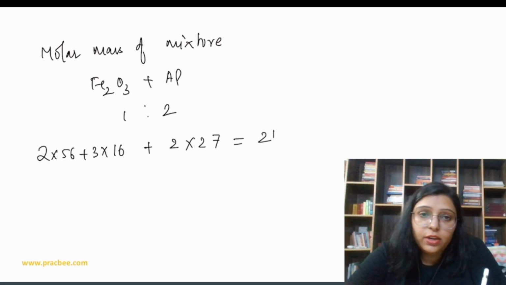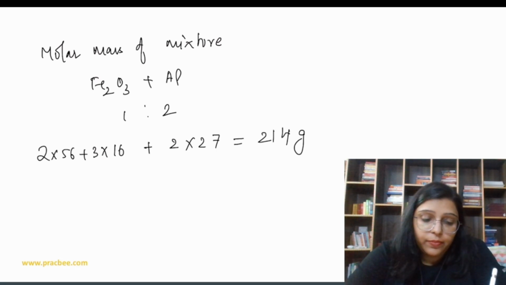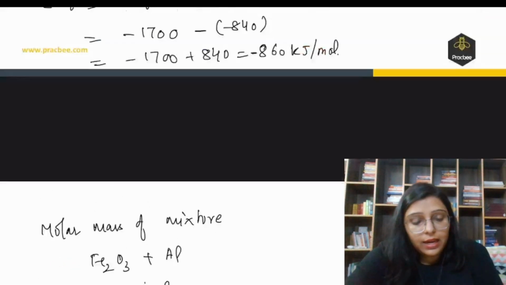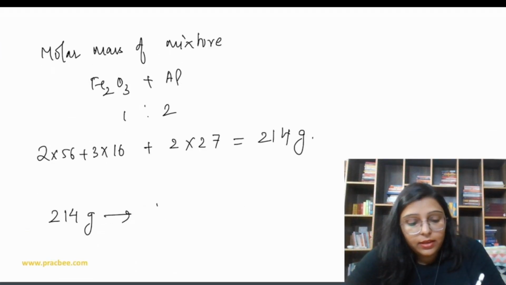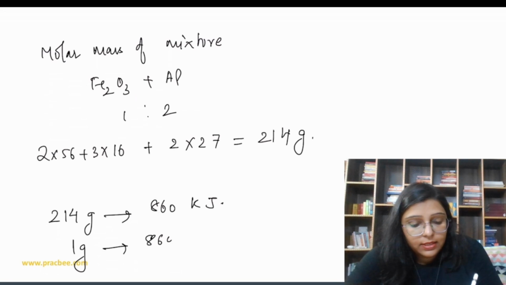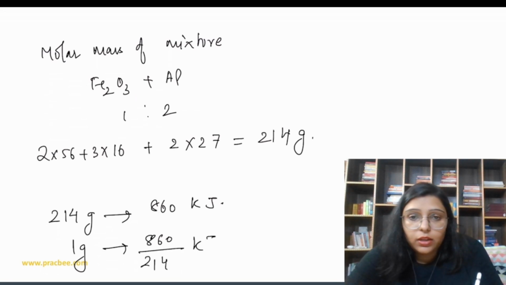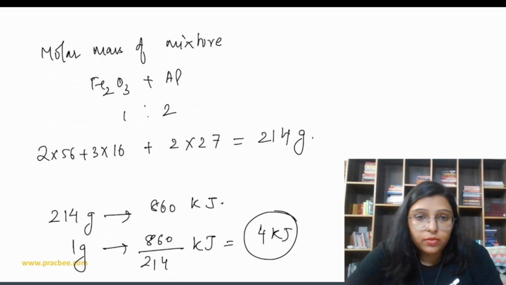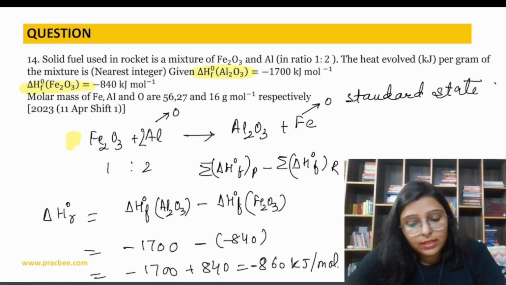On solving we get 214 gram. So 214 gram releases 860 kilojoule. So 1 gram will release 860 upon 214 kilojoule, which is equal to 4 kilojoule. So the answer is 4.